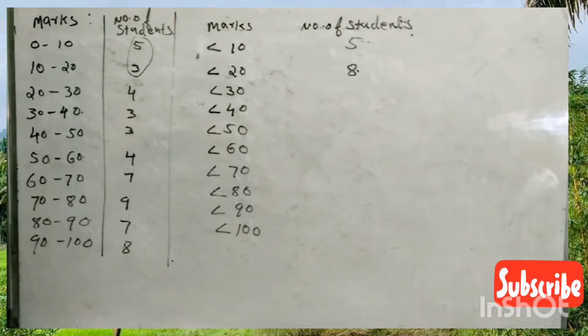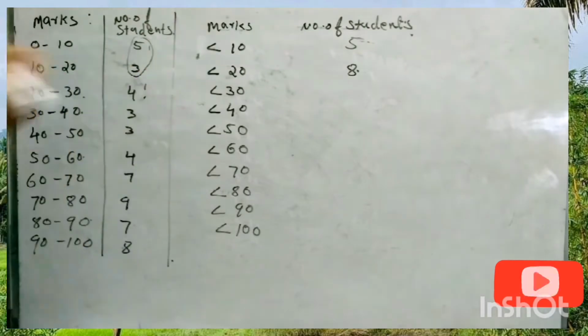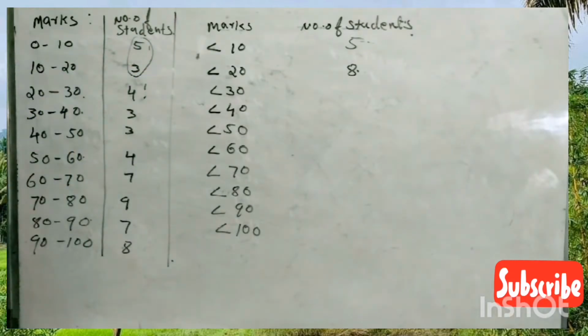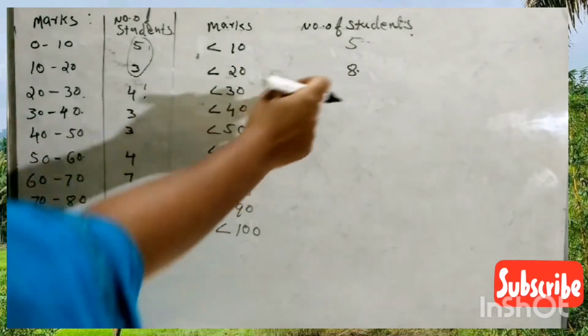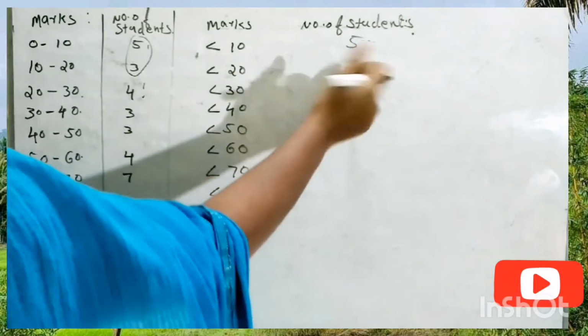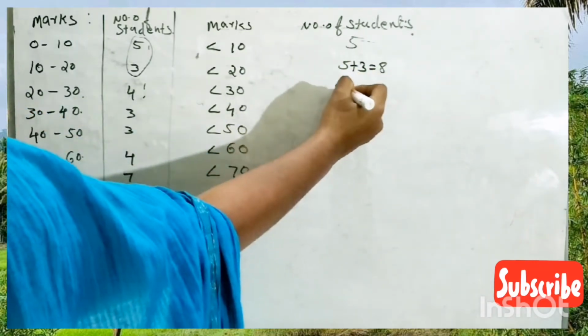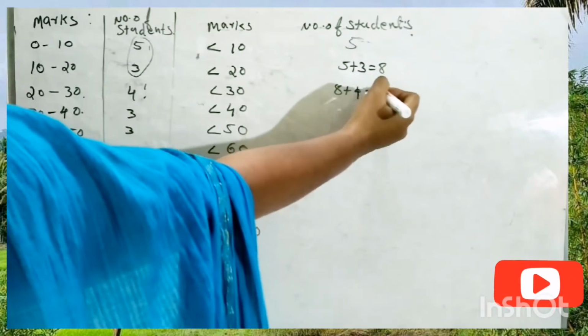So in less than 30 we need to consider 3 classes together, so 3 frequencies we need to add, that is 5 plus 3 plus 4, or this 8 plus 4. This is 5 plus 3 equal to 8. Now 8 plus 4, that is equal to 12.